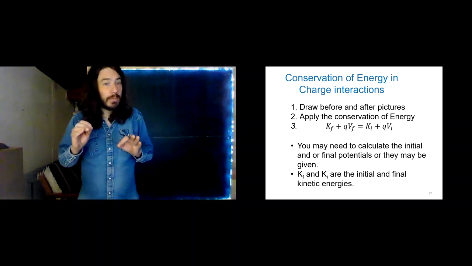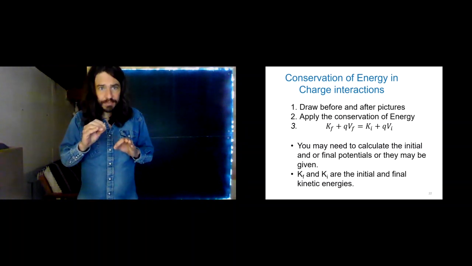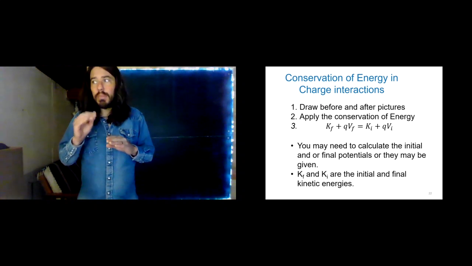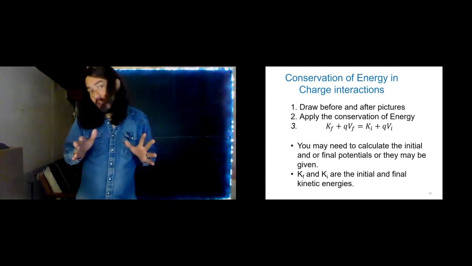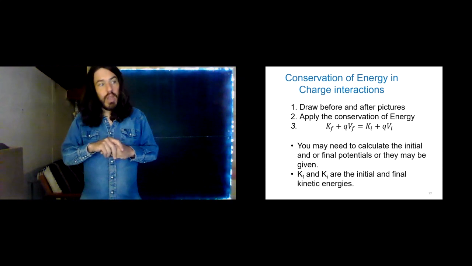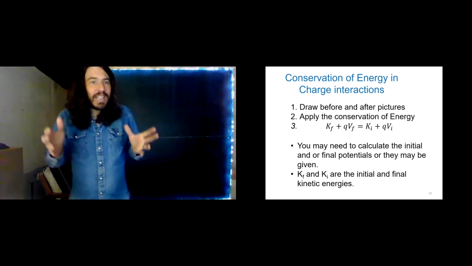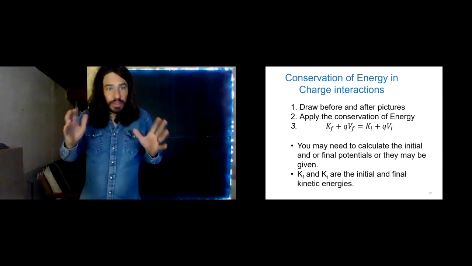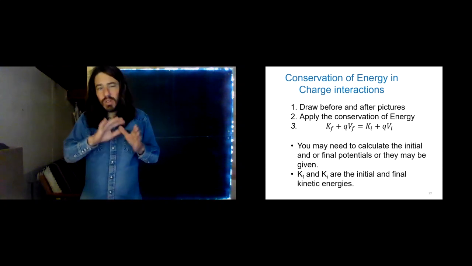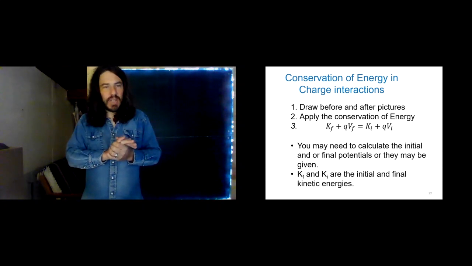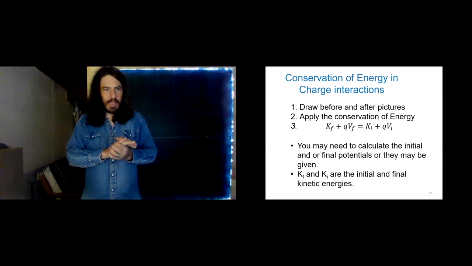We can apply it to electrical concepts in the same way that we applied it to mechanical concepts last semester. So, confined then to electrical type situations, we can simplify the conservation of energy that we talked about last semester.